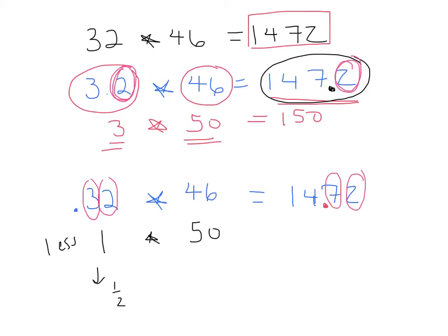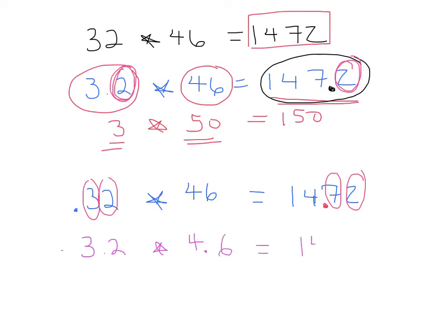Let's look at one more, just so we can see that this still works. Some of you are going to really like this way a lot better, which is great. All right, so let's say I have, oh sorry, let me change that. I'm going to instead say 3.2, or 3 2/10, times 4 6/10.